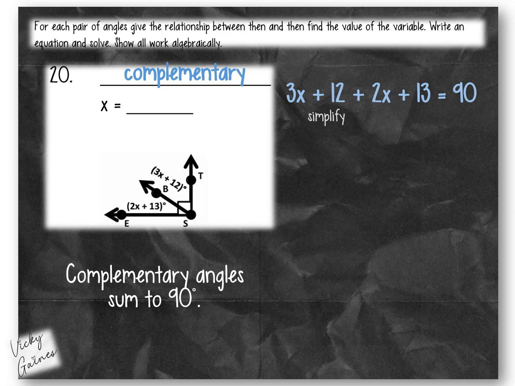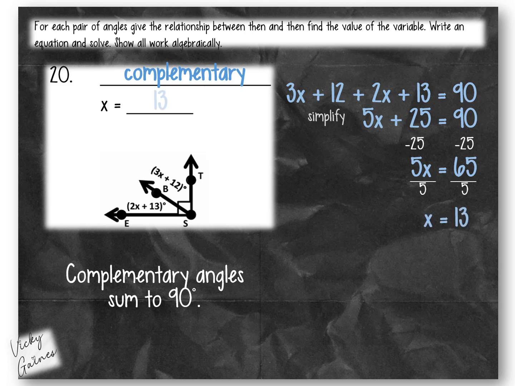Simplify. Combine like terms on the left-hand side. So 3x plus 2x is 5x. 12 plus 13 is 25. So we have 5x plus 25 equals 90. Subtract 25 on both sides of our equation. 5x equals 65. Divide both sides by 5. x is 13. And we're done with that problem.